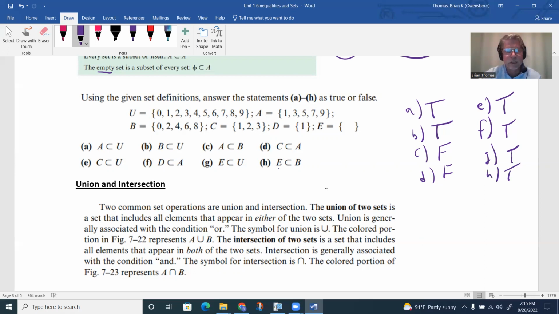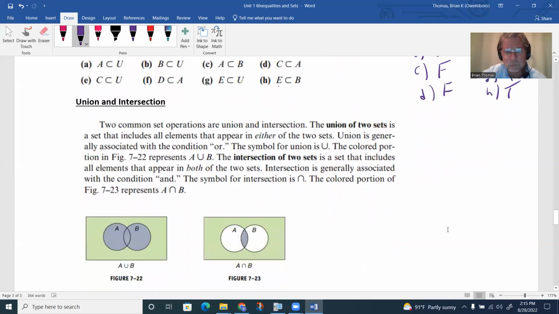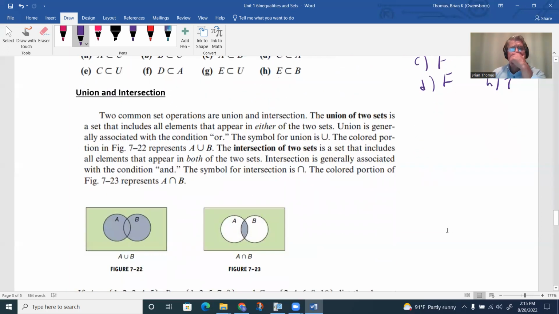Okay, so we have that kind of going on there. So we mentioned the word union, but we didn't mention the word intersection. So union kind of means that both sets are put together. So two common set operations are union and intersection. The union of two sets is a set that includes all elements that appear in either of the two sets.